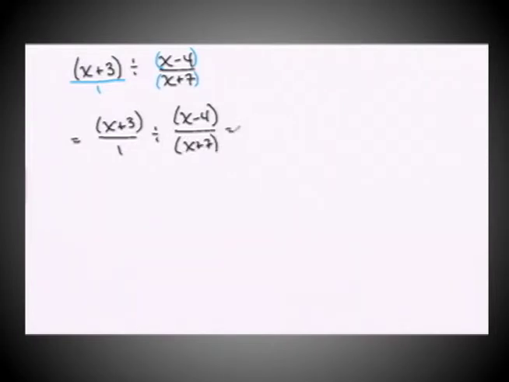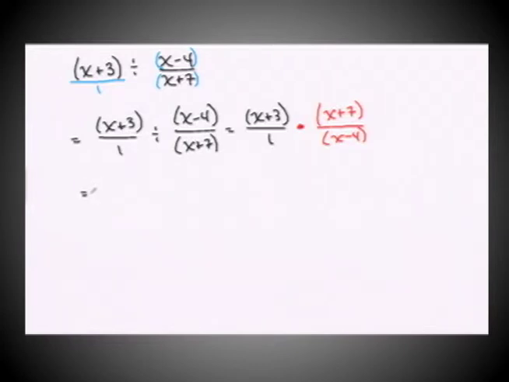And if we remember back to our steps for dividing rational expressions, we know that we never divide rational expressions. We multiply by the reciprocal of the divisor. So I'm going to keep that first rational expression, x plus 3 over 1. Then I'm going to change to multiplication of the reciprocal of the divisor, which is x plus 7 over x minus 4.